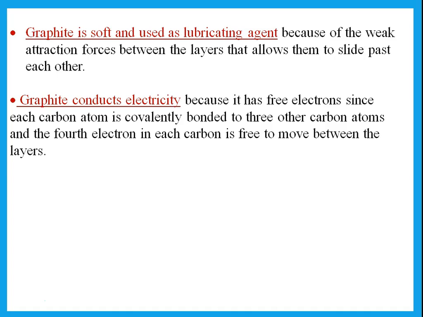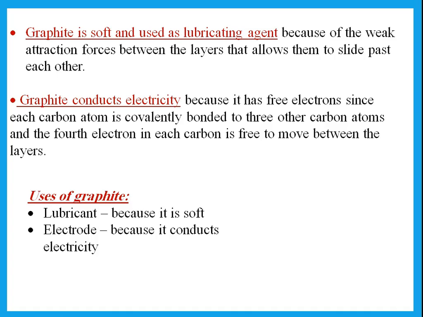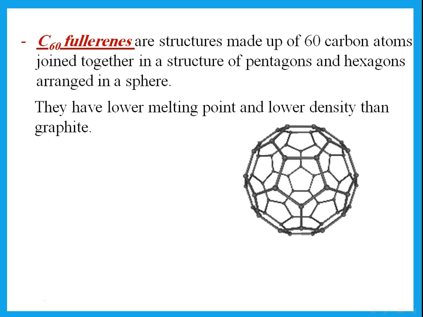Metals and graphite conduct electricity because they have free moving electrons. That is very important. And we said uses of graphite: because it's soft, we use it as a lubricant, but it also conducts electricity, and that is why we use it as an electrode in electrolysis, and we will be talking about electrolysis in a separate chapter.